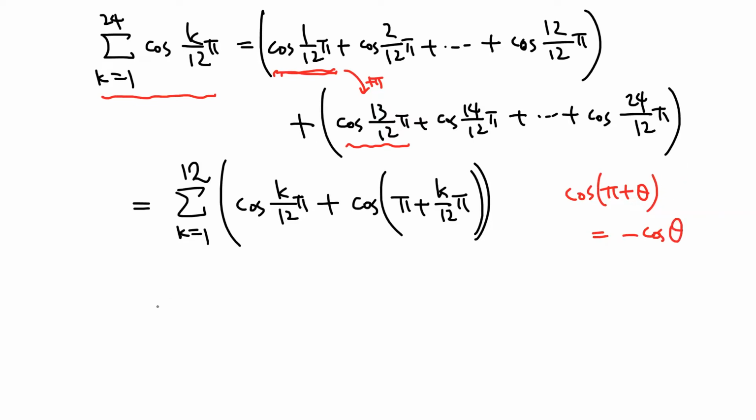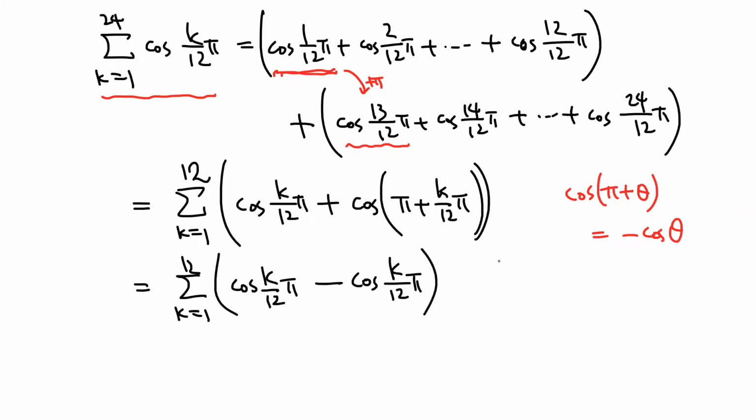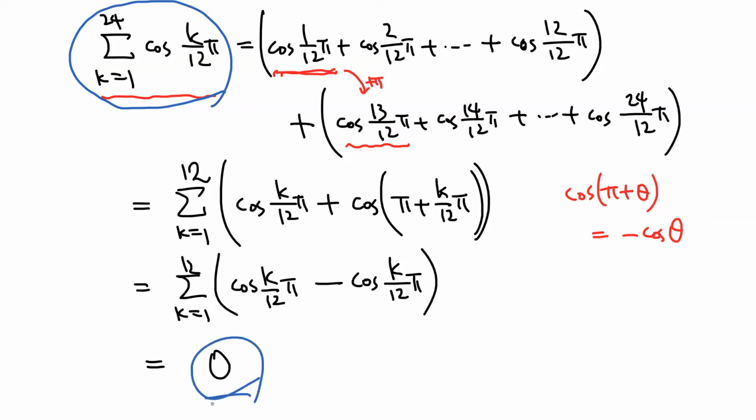And if you apply that, we have cosine k over 12 pi minus cosine k over 12 pi, which is 0. Okay, so we have obtained that if we add the first 24 terms, that value gives us 0. And this is the periodicity that we are going to use.